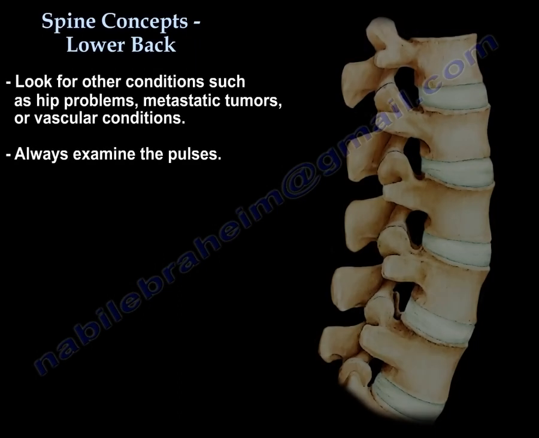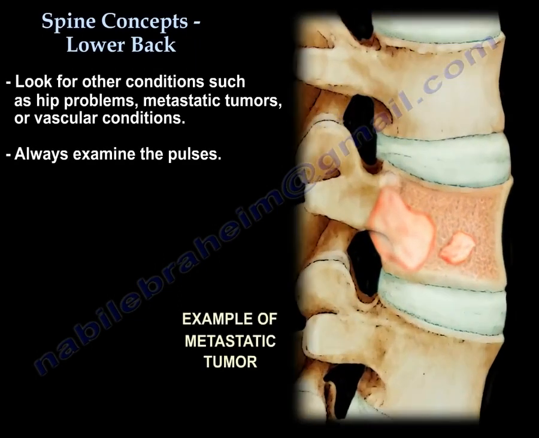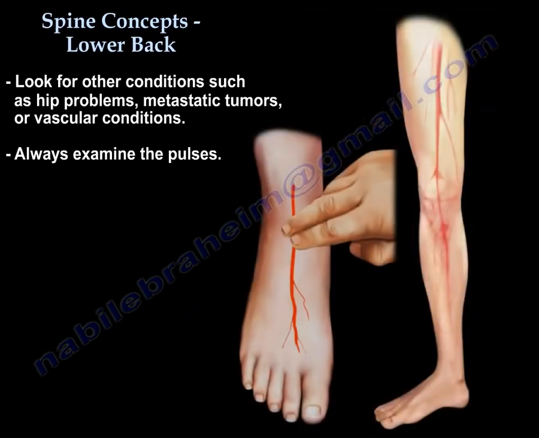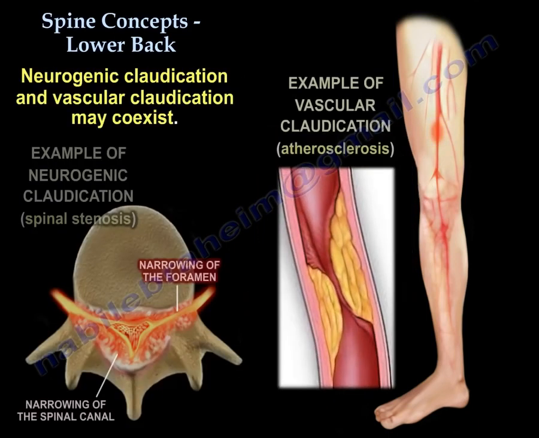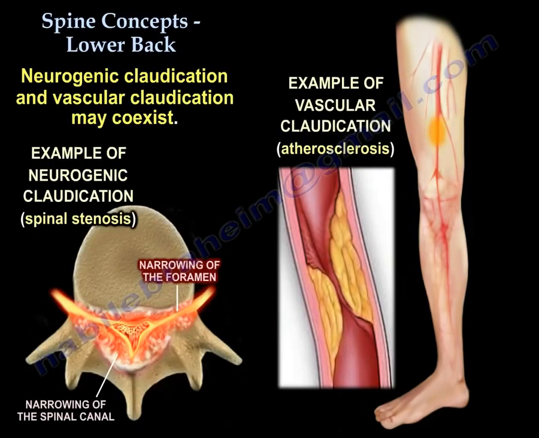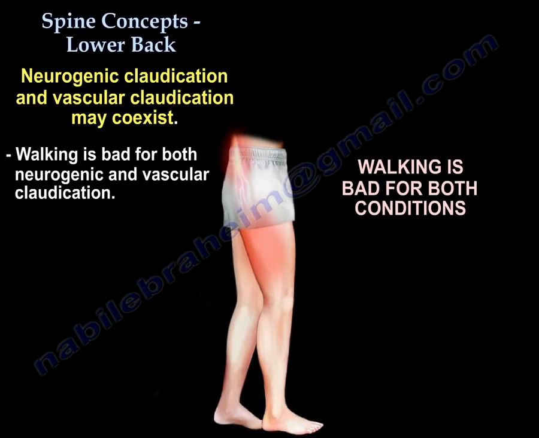Look for other conditions, such as hip problems, metastatic tumors, or vascular. Always examine the pulses. Neurogenic claudication and vascular claudication can coexist. Walking is bad for both conditions.